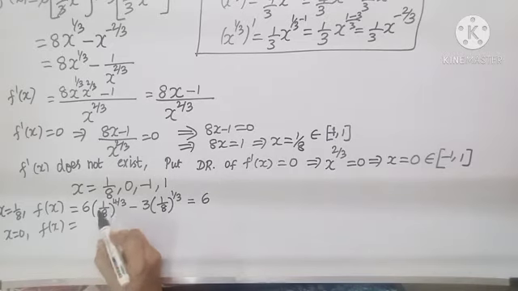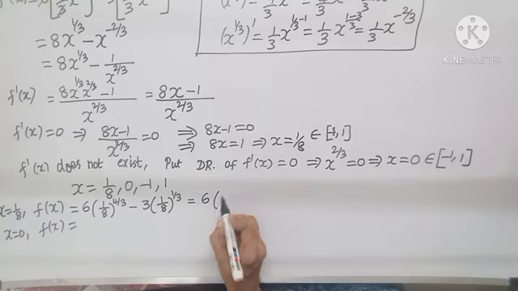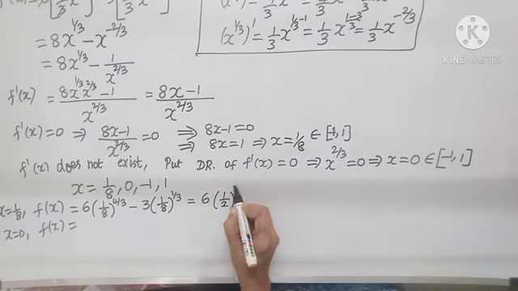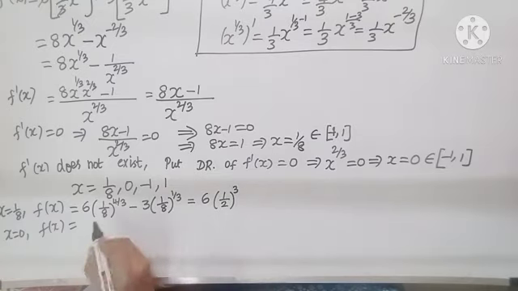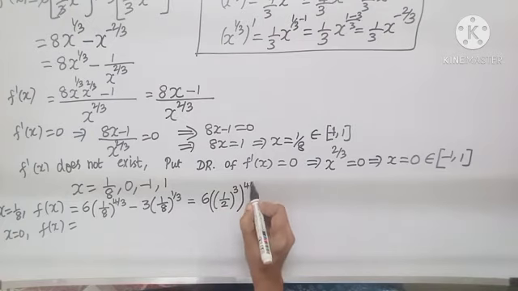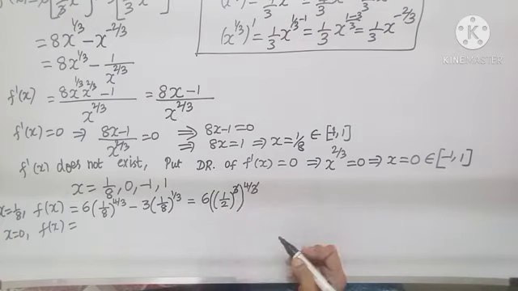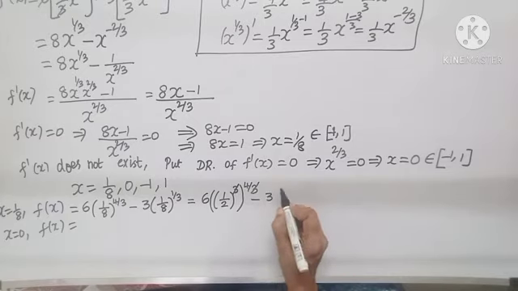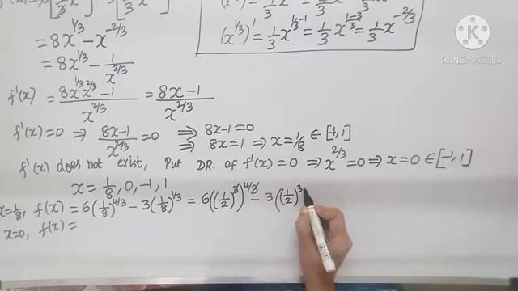When it is 1 by 8 power 4 by 3, 1 by 8 can be written as 1 by 2 power 3. We know 2 cube is 8, 1 cube is 1. The whole power 4 by 3, 3 will get cancelled. Similarly, 1 by 8 can be written as 1 by 2 power 3.